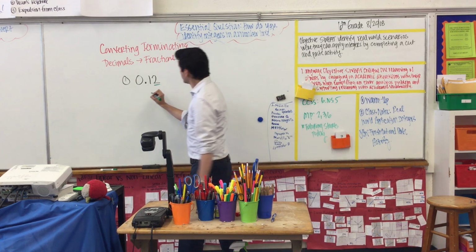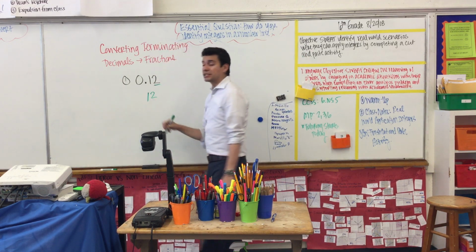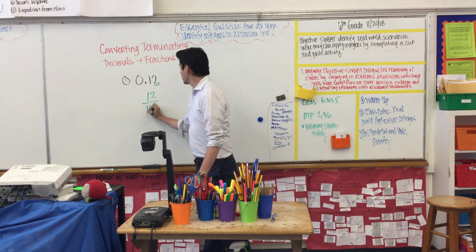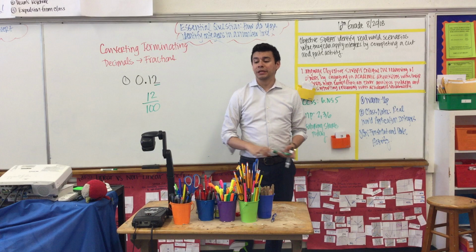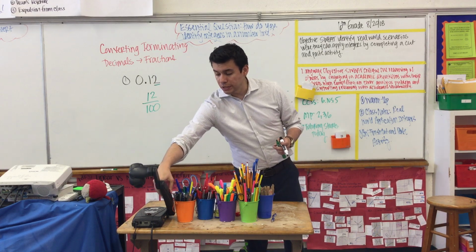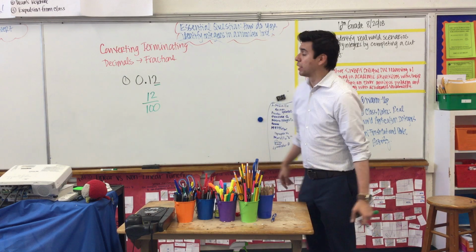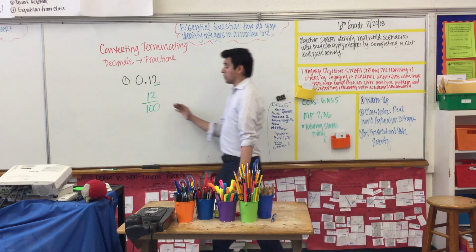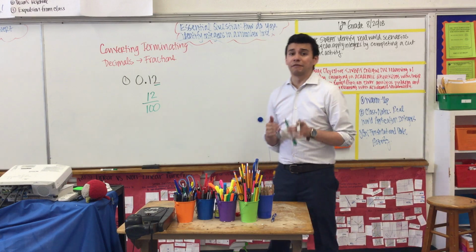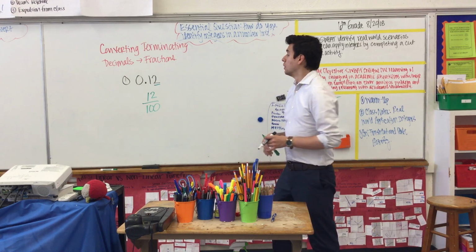This is what you do. You grab a number, 12, and you said it's hundredths, 12 hundredths. So we put it over 100. Ladies and gentlemen, that's it. That's your answer. But what you need to do is you need to be able to reduce that fraction, okay? For me, this is okay, but I want you to reduce it as much as you can. And this is where a couple of you guys were having trouble today in the lesson, okay?